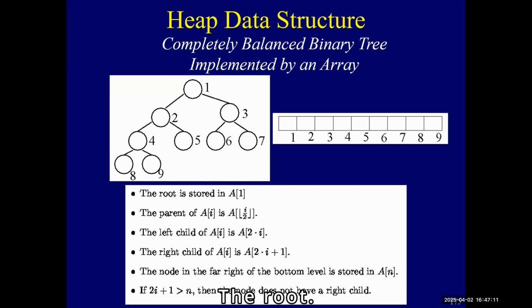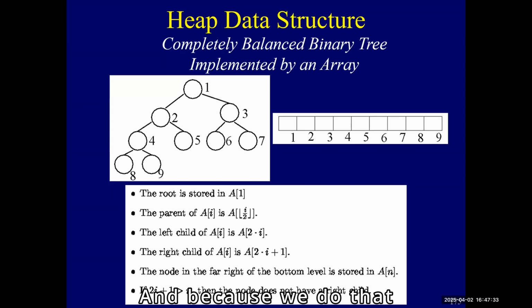The root, I'm indexing by 1. Why? Because the math is easier. If Jackie indexes by 0, the math is going to be a little harder, but you figure it out, right? So we put it in 1, 2, 3, 4, 5 up to 9, right? That's the order they get stored.